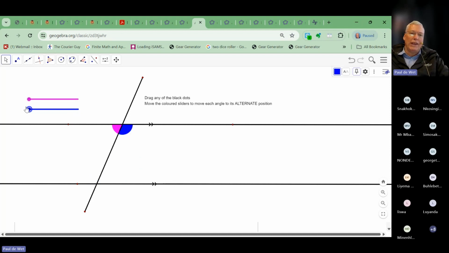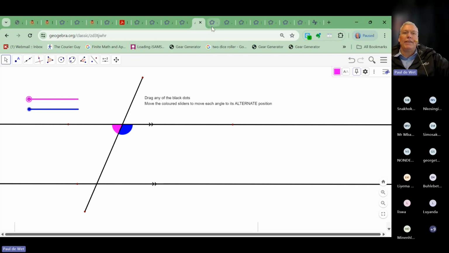And notice when it was here, it added with the pink one to make 180. It still adds with the pink one to add 180. Co-interior, together inside. Okay, when I move this blue one from here to here, those blue ones are alternate angles. And the pink ones are alternate angles.